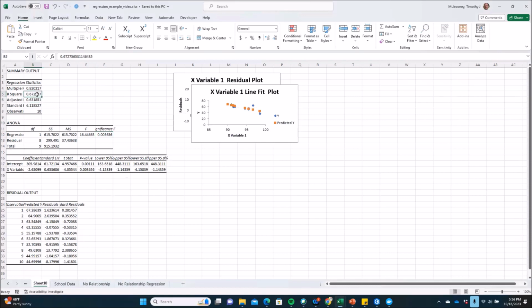And my R squared is like 0.67, meaning that school achievement rates can be explained using attendance at about 67%.